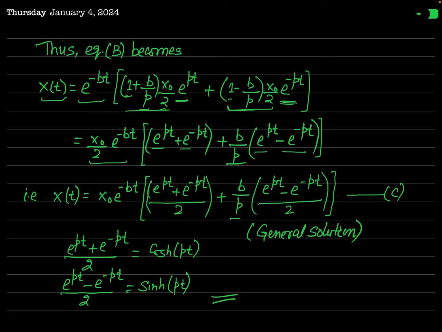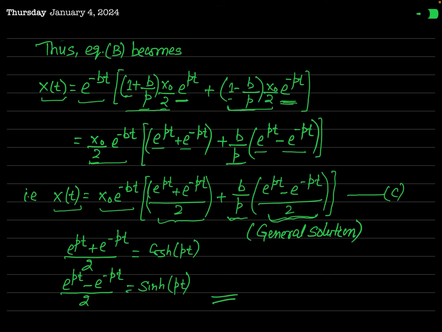Now you can take this 2 inside the bracket, and so this result can be written as x at time t, or x of t is equal to x naught times e to the power minus bt times, e to the power pt plus e to the power minus pt over 2, and plus b over p times e to the power pt minus e to the power minus pt over 2.